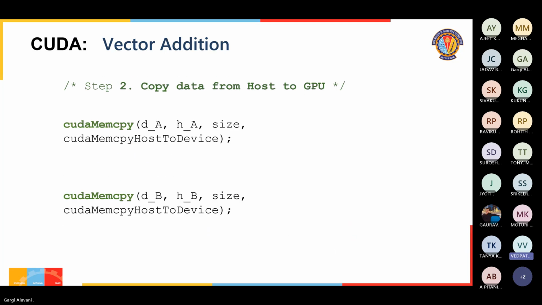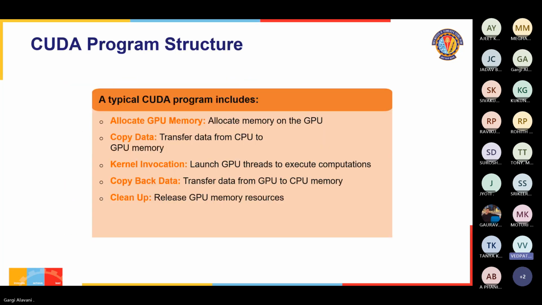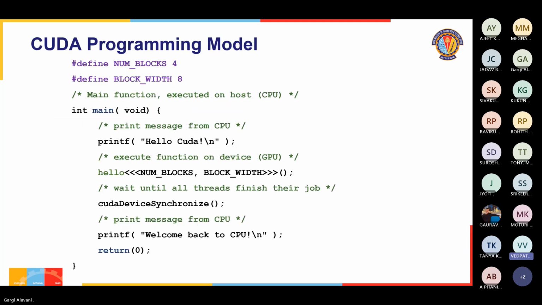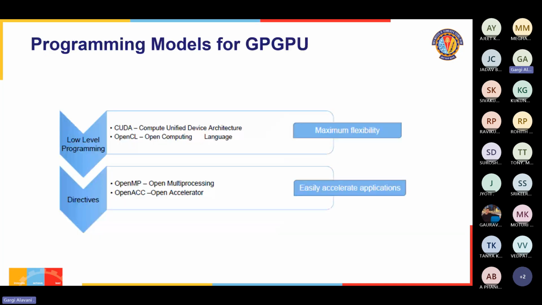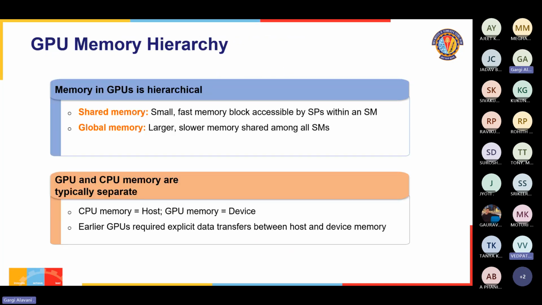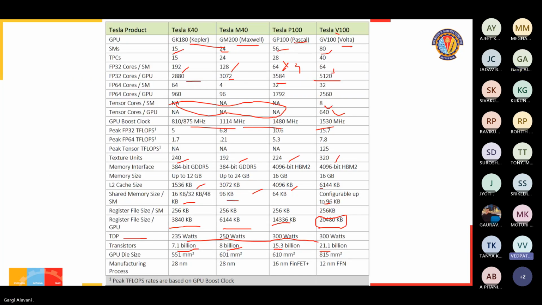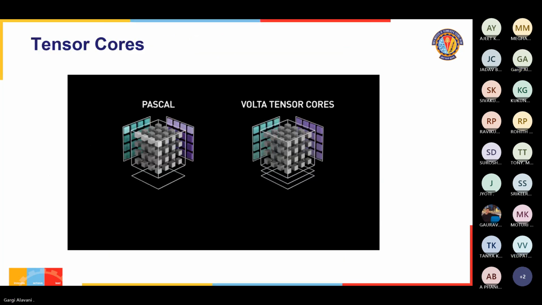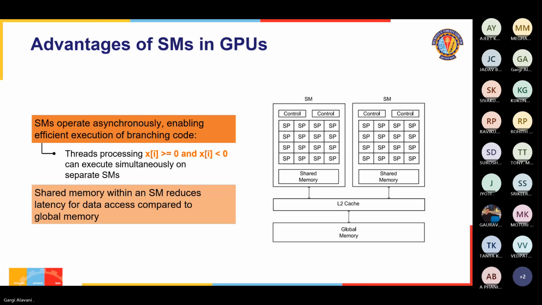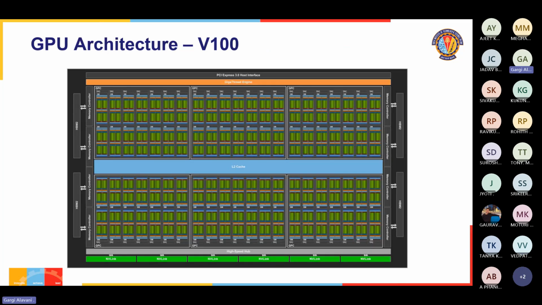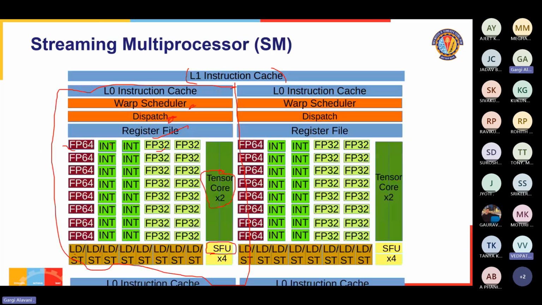I could see private instruction cache L0. Not here. Hold on. The one after this. This, or in between there was one, right? Oh yeah, this is the one.